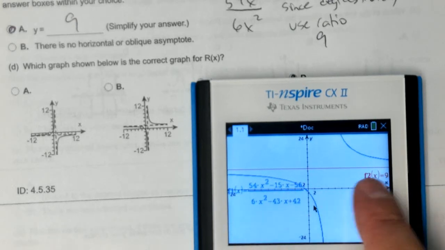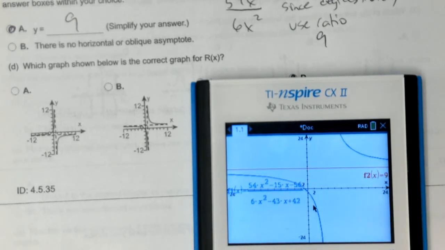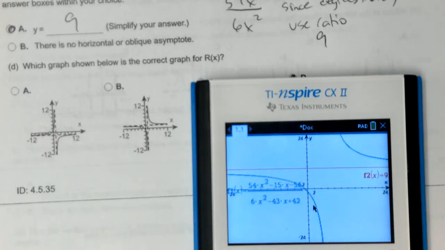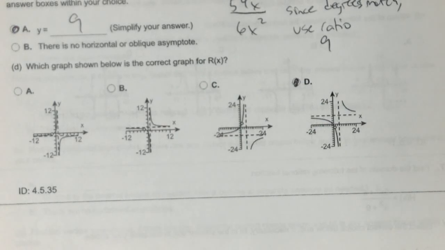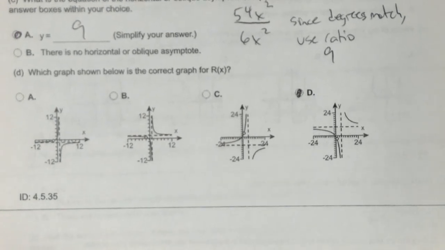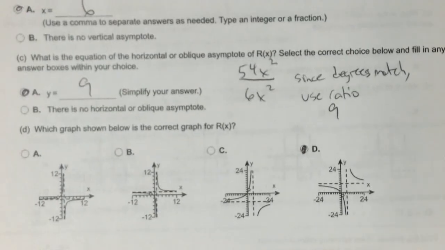That's your horizontal asymptote. Okay, so see that red one? That's your horizontal asymptote, and it's at 9. Okay, any other questions on 15?